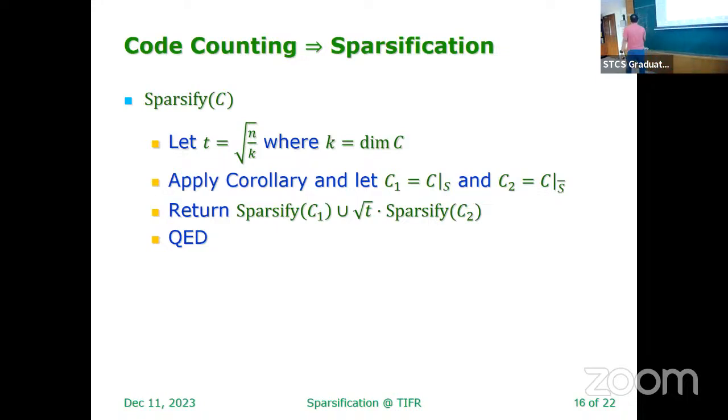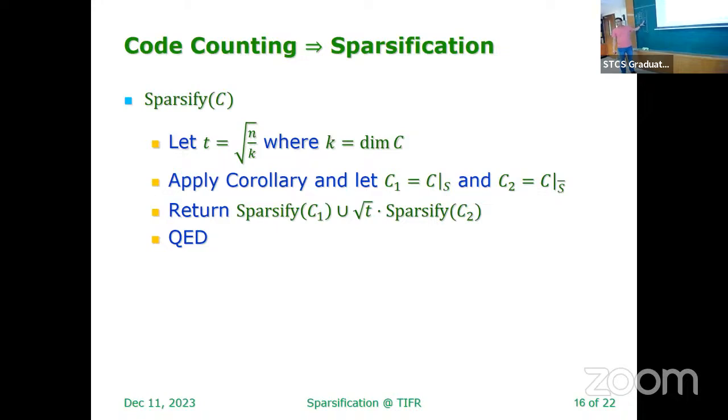So imagine you're looking at a code which has k columns and k squared rows. We will apply this with parameter t set to the square root of k. We will get something like a k to the 3/2 by k submatrix, which is what we call the good code. And the other side is amenable to the good sparsification.